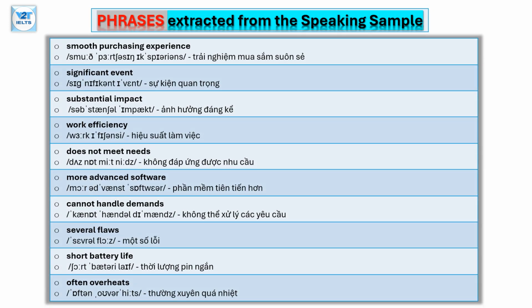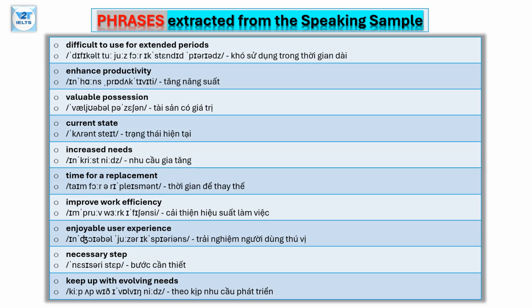Smooth purchasing experience, significant event, substantial impact, work efficiency, does not meet needs, more advanced software, cannot handle demands, several flaws, short battery life, often overheats, difficult to use for extended periods, enhance productivity, valuable possession, current state, increased needs, time for a replacement, improve work efficiency, enjoyable user experience, necessary step, keep up with evolving needs.